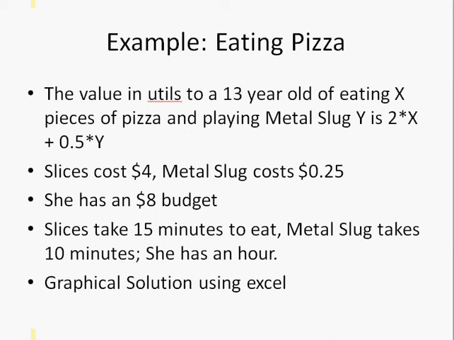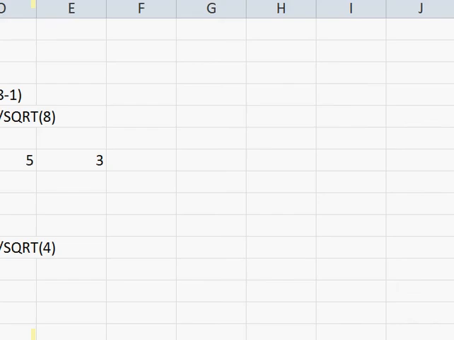Moreover, slices take 15 minutes to eat, and Metal Slug takes 10 minutes to play, and she has an hour. So she has a time budget and a monetary budget. Let's do a graphical solution of this problem in Excel here.